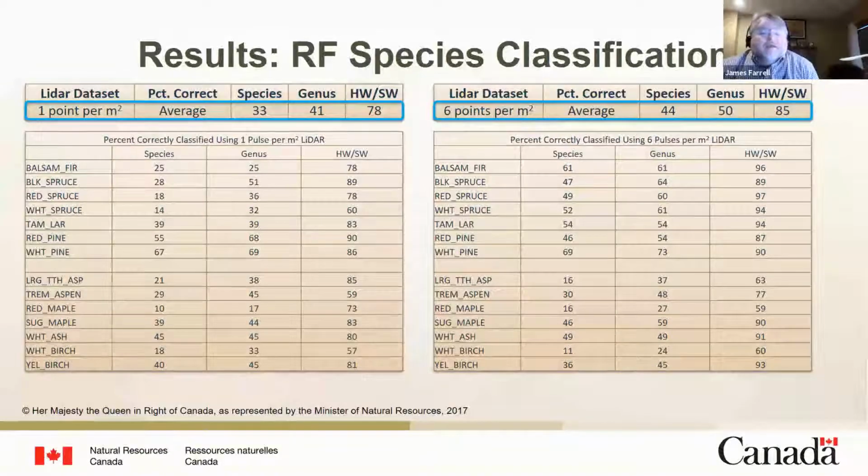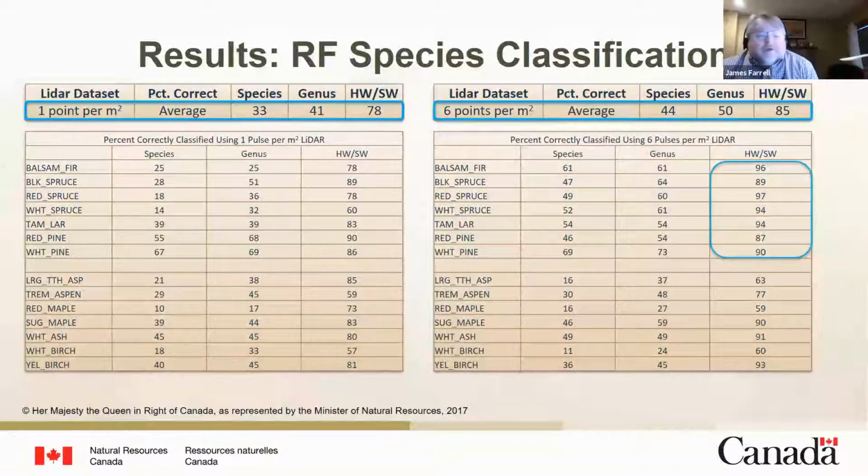For genus, it's a little closer, 41 to 44, but then you get into the type, hardwood or softwood: 78% for the 1 point per square meter, and 85% for the 6 point. There were a couple of things to note though.